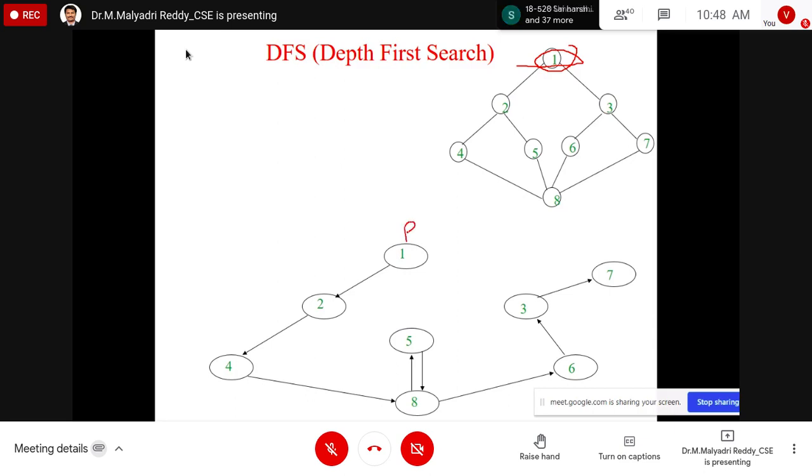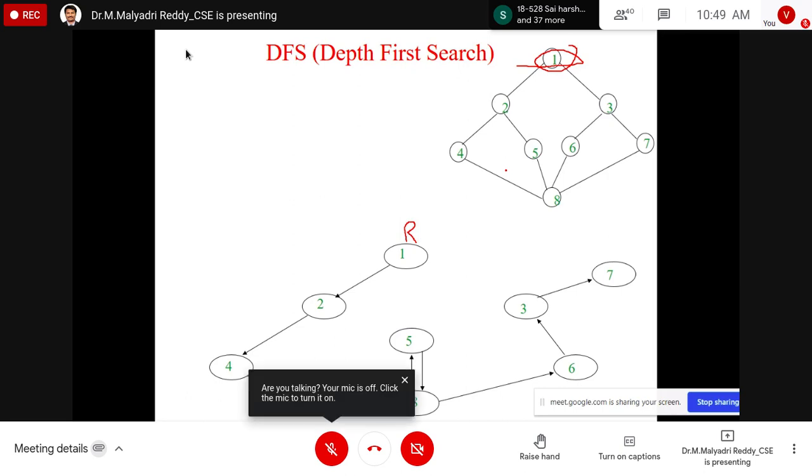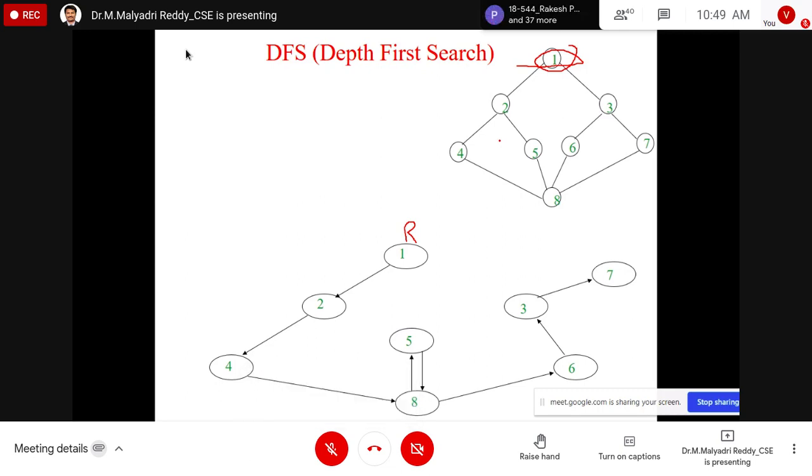This is the starting point, the root. We look for the nearest node from the root node, and then we try to cover all nodes. In the tree representation, we focus on the left child, after that the right child, in the traversing method.